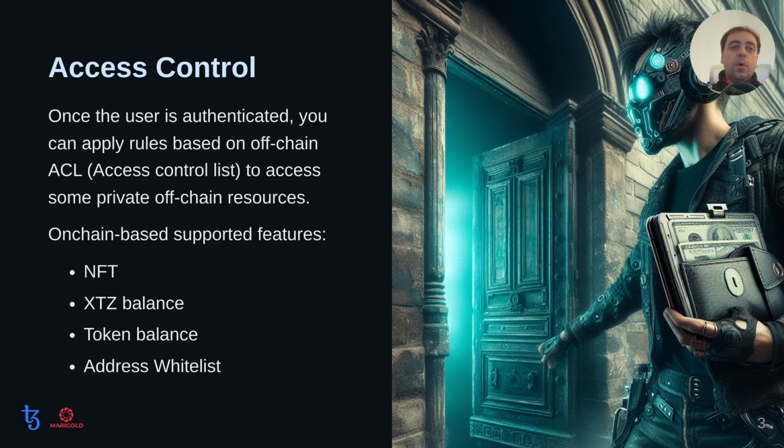There are some on-chain based features that are supported: NFT, XTZ balance, token balance, or an access whitelist. The rules are defined on your Web2 backend, but the data that the rules apply to is on-chain data.